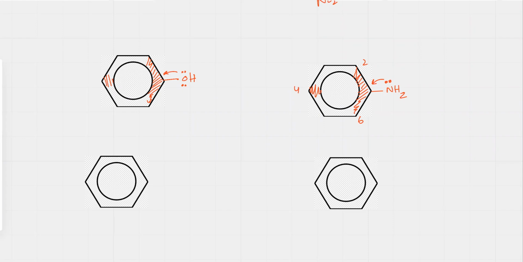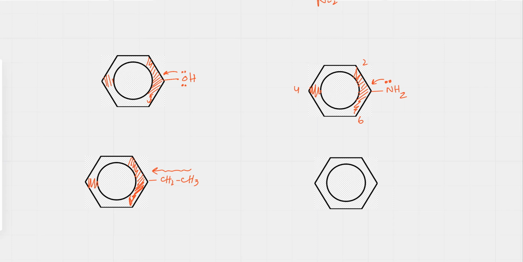Then you've got arenes, which are carbon chains, CH2, CH3. And with arenes, the same thing, the electron density increases, and all the other electrons get pushed to the other side.